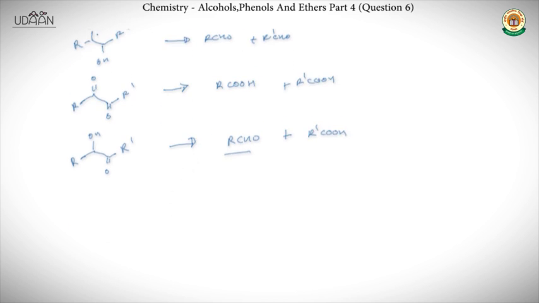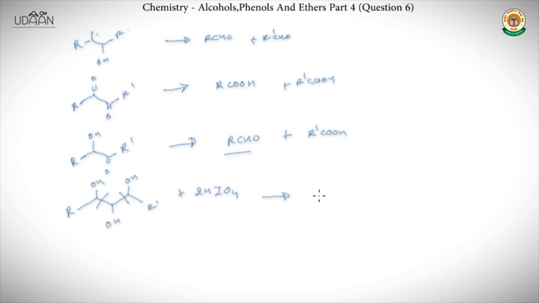Similarly, if trihydroxy groups are present, then in this case 2 moles of HIO4 will be used, and as this will break, this will break, these 2 will get one-step oxidation.